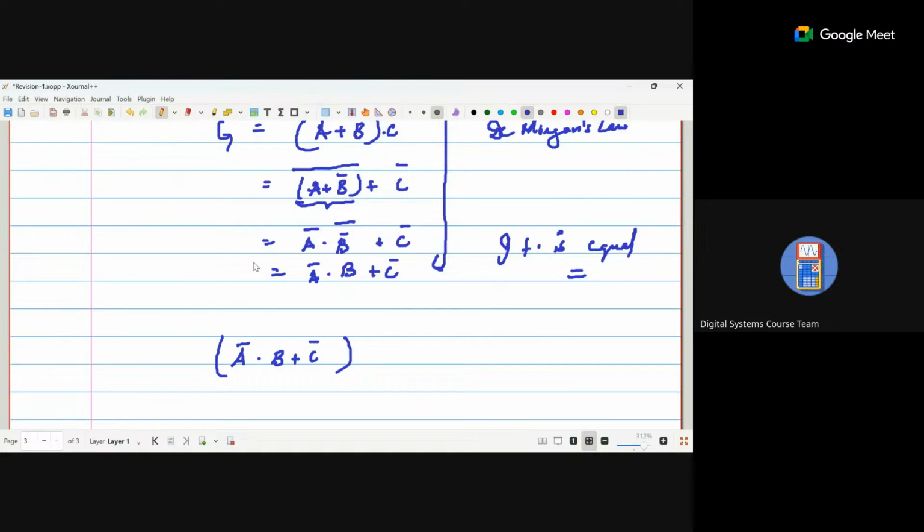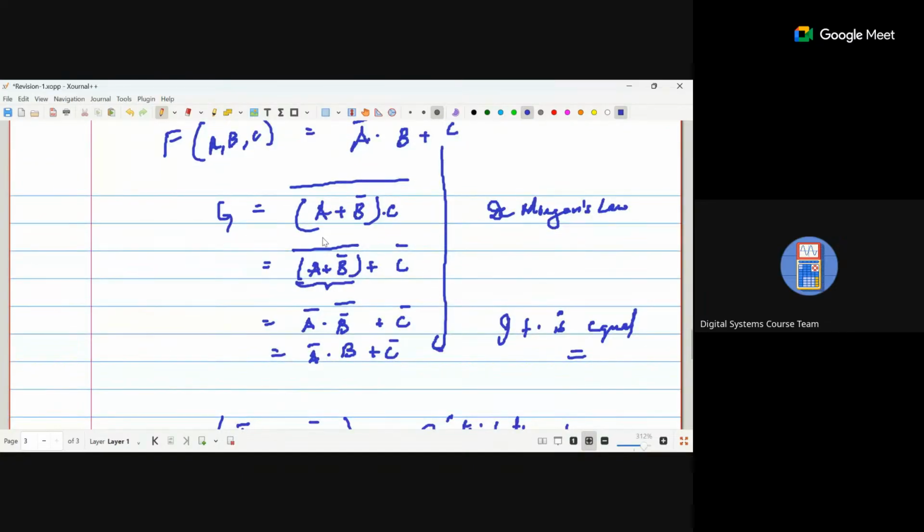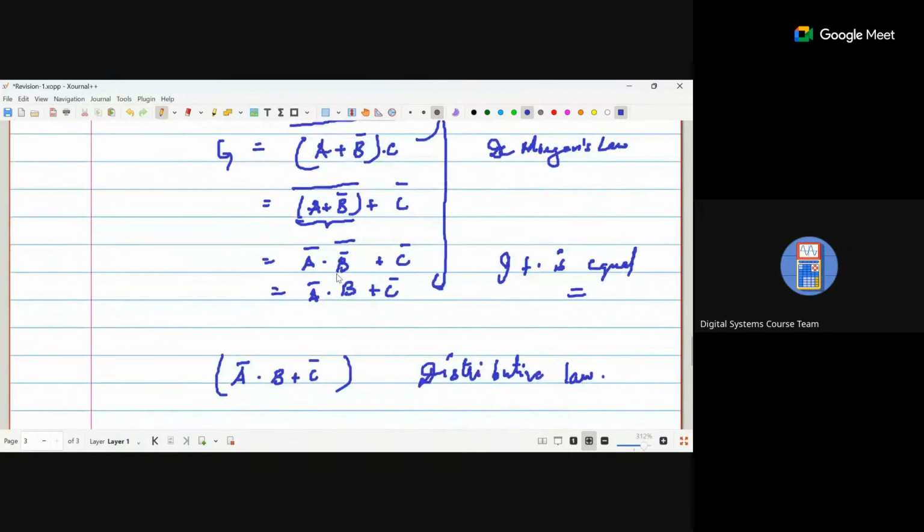You can also use the distributive law and go from this towards G as well. But looking at this, we can easily find that it is easier using De Morgan's law to go towards F. So this is easier, and you can follow this one. Okay.